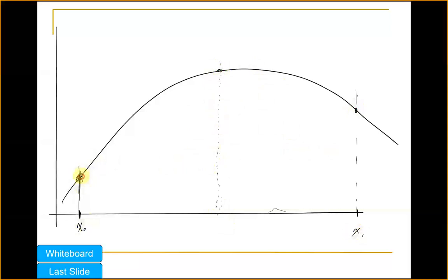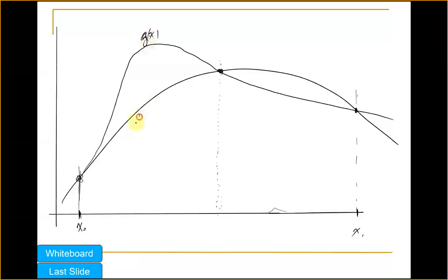But the function could have looked like this in between. Right? And so the answer is really on this side. And you realize, just picking this one value, both of these functions give you the same answer for this one value.